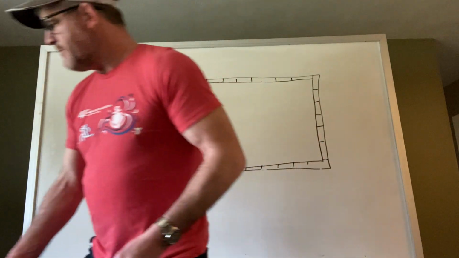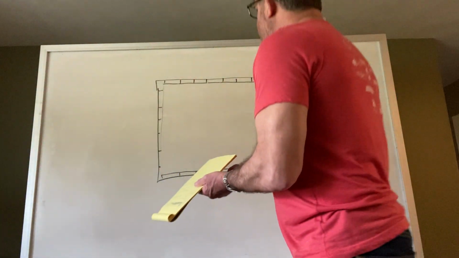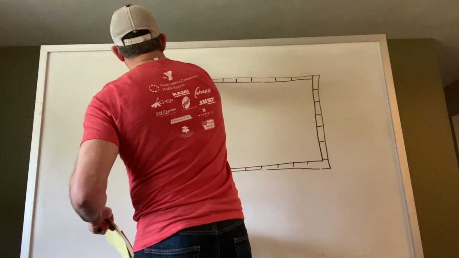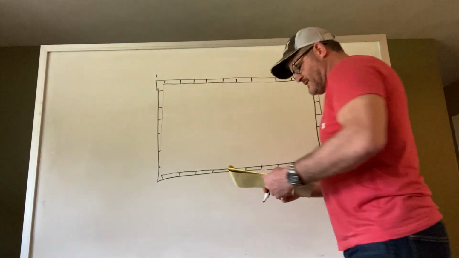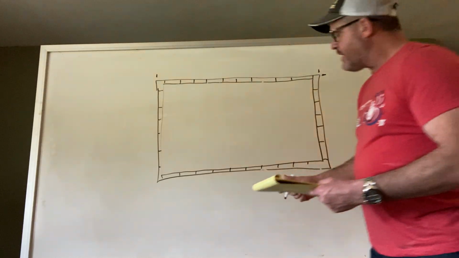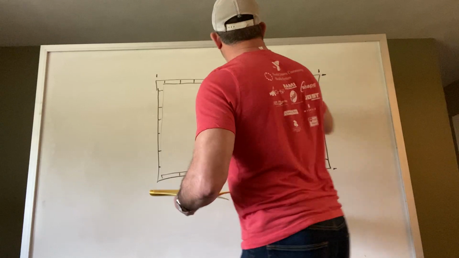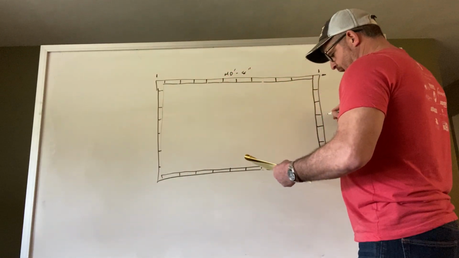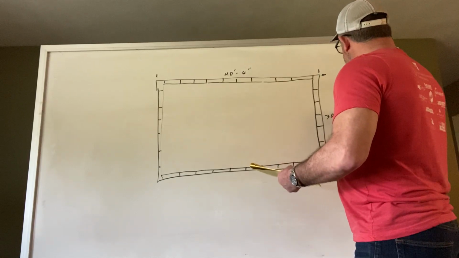So what are we talking about? We're talking about the perimeter of my building. So again, I need this perimeter, outside to outside. I have already determined that, but we can look at our print again and we can see that it's 40 foot 8 inches by 30 foot 8 inches.